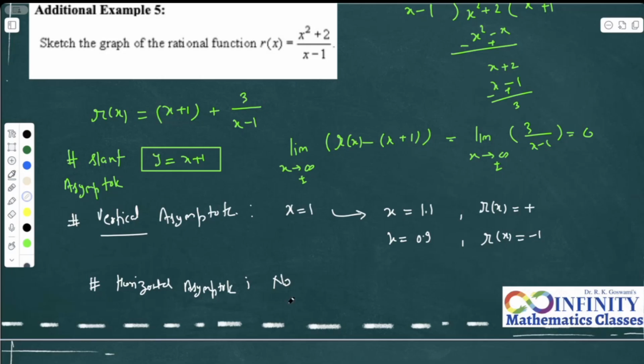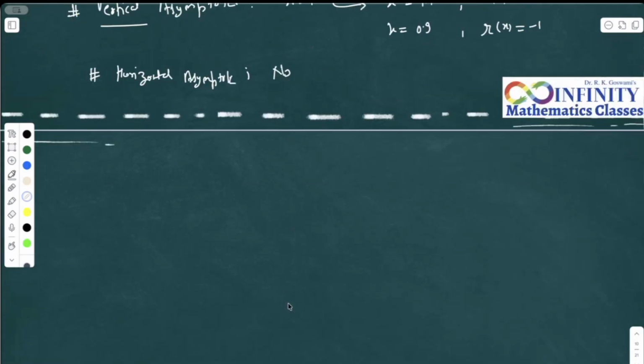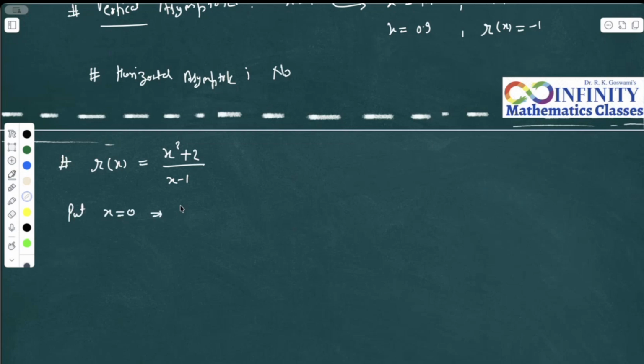So no horizontal asymptote. One more thing I need to know is the intercepts. Let me rewrite my rational function R(x) as (x squared plus 2) divided by (x minus 1). I'm asking you to put x equals 0 there. What will be the value of y? y is nothing but your R(x). Is it going to be negative 2? Yes, so this is the point on the y-axis, the y-intercept.